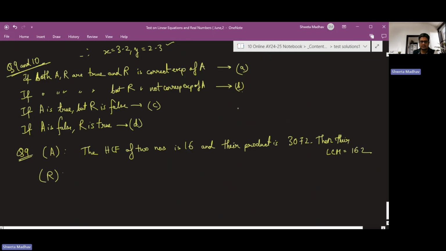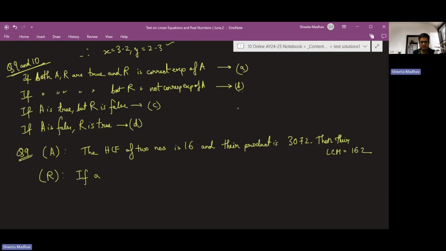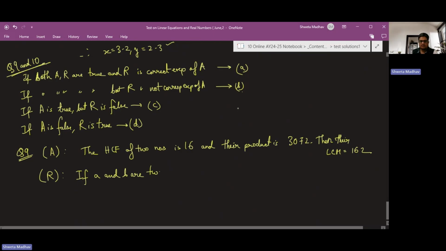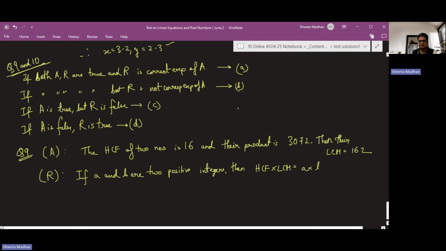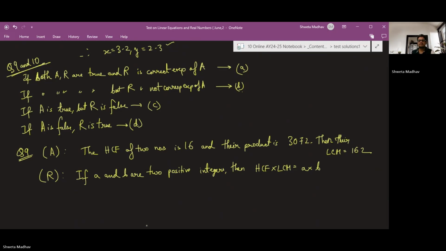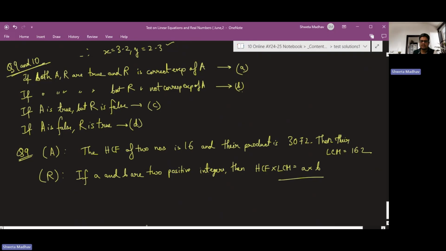And the reason is given as: if A and B are two positive integers, then their HCF times their LCM will be equal to A into B. So the reason is true. This rule is applicable for two positive integers A and B: their LCM times their HCF is equal to their product.